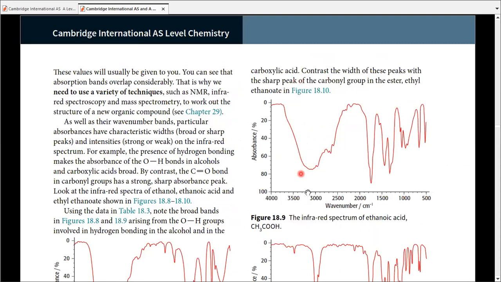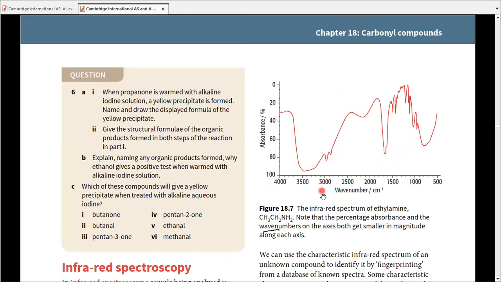Although it's written right over here that 18.9 is an infrared spectrum of ethanoic acid, you do get the point that we have the C double bond O, and then C single bond O, and then OH in this portion. And of course, C bond C. So if you go back to the table, and I want to move back and forth, just a minute, to make my point.